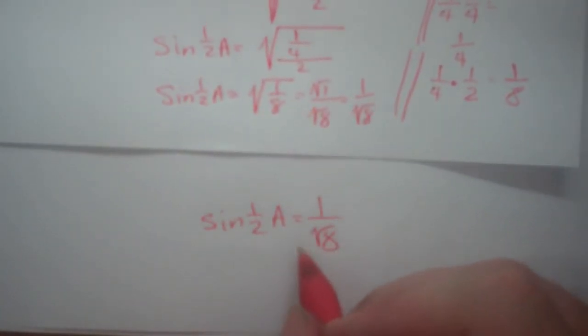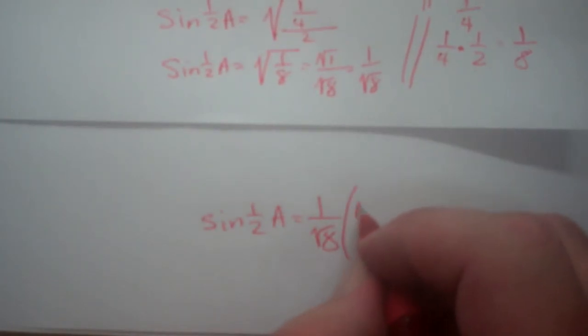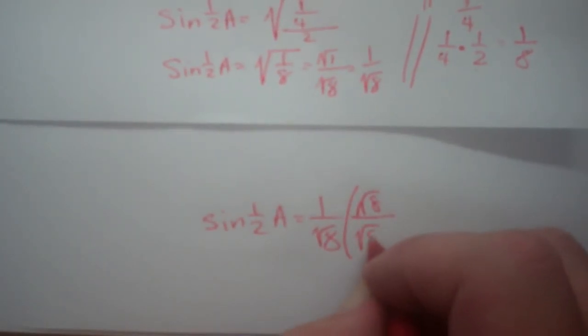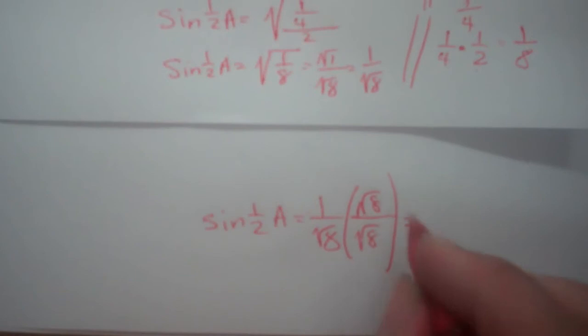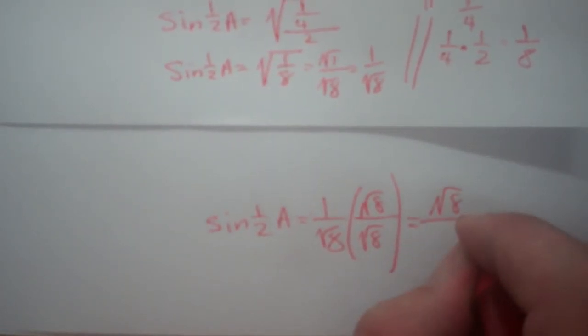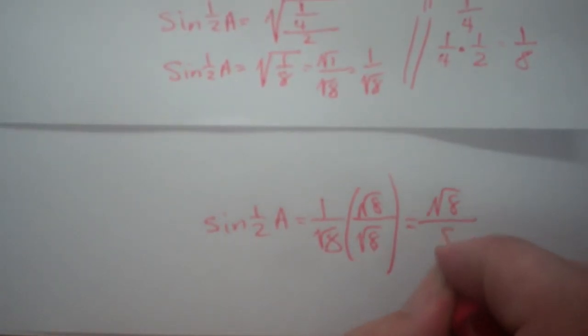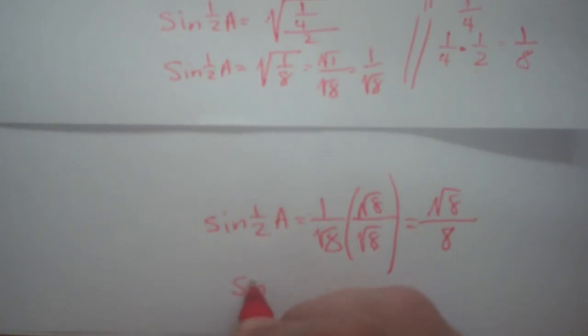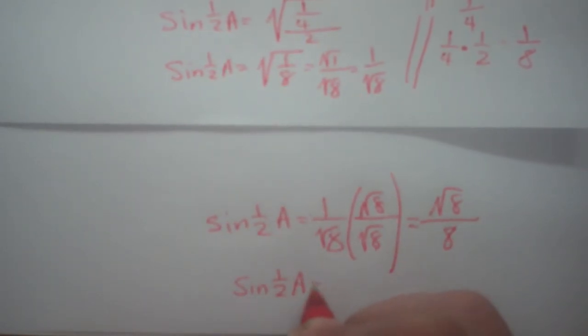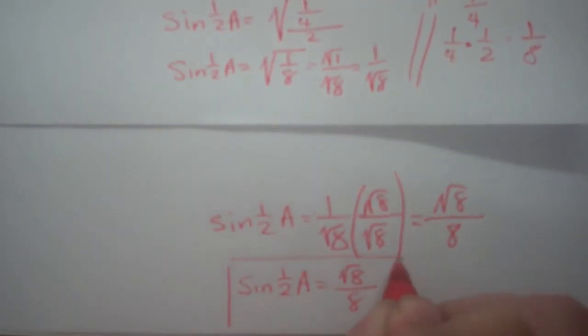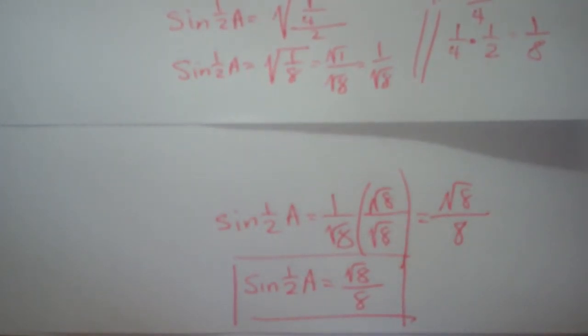We don't like to leave radicals in the denominator, so I'm going to multiply the top and the bottom by the square root of 8. 1 times the square root of 8 is the square root of 8. Square root of 8 times the square root of 8 is 8. And so our final answer is that the sine of 1/2 a is equal to the square root of 8 over 8. And that is our final answer.